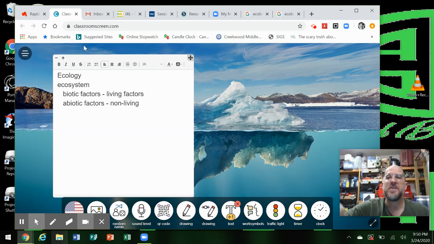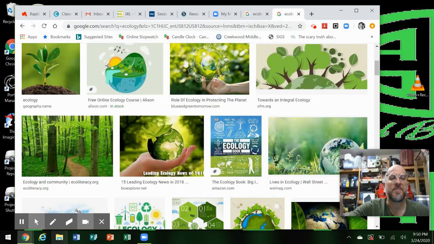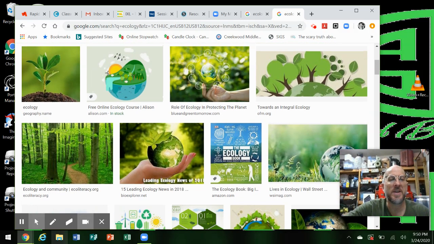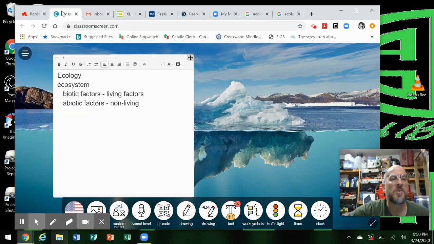So let's go back to our pretty pictures again. Not too hard to figure out the living and non-living things in each of those environments, right? Let's take the forest, for example. You can easily see all the living factors in that environment. One thing you may not see that's non-living would be the air, or the sunlight, or maybe the dirt underneath the foliage here. So you have two factors: biotic and abiotic.